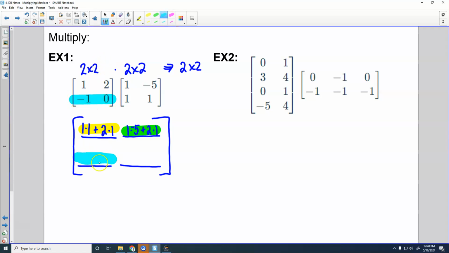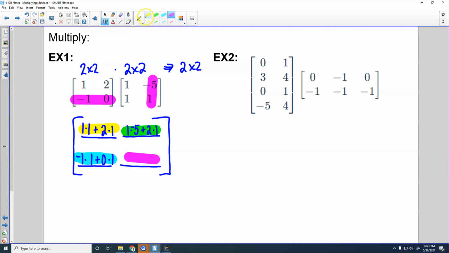This one right here is row 2, column 1. So that is going to be -1 times 1 plus 0 times 1. And our last one we've got to find is row 2, column 2.